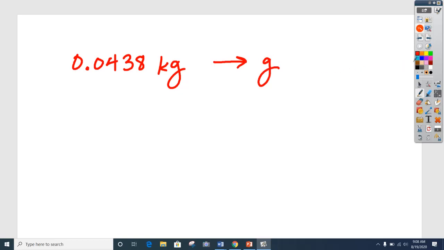Let's do just a few other examples to make sure you understand. Say I gave you 0.0438 kilograms, and I need you to convert that into grams. Think through your King Henry died by drinking chocolate milk. Focus on the unit that you're given with the number and the unit that you're asked to convert it to. In this case, I've got kilogram and gram.